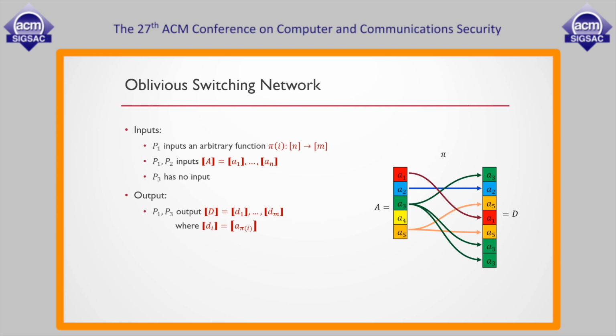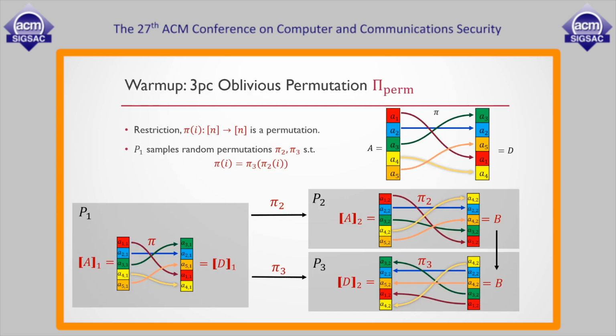And here, one party will have the mapping function pi, and the other parties will have secret shares of the input vector A. What will be output is new secret shares of the underlying vector mapped according to pi. As a warm-up, you can consider permutations.